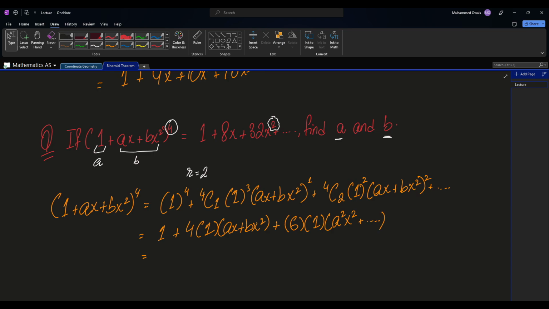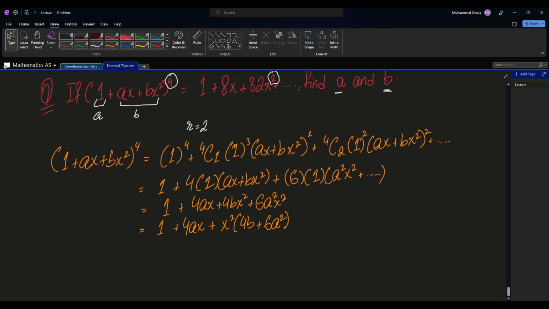Alright, now then 1 plus 4ax plus 4bx square plus 6a square x square. Now then, we need to take common, which will be 1 plus 4ax firstly, then plus x square into (4b plus 6a square).